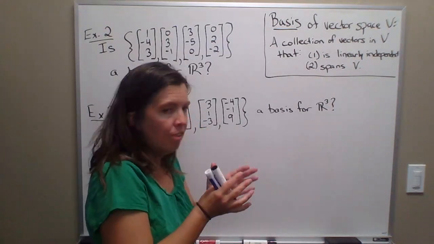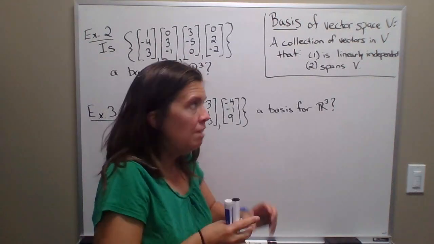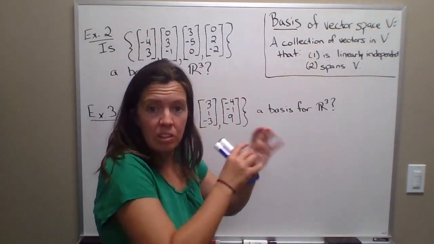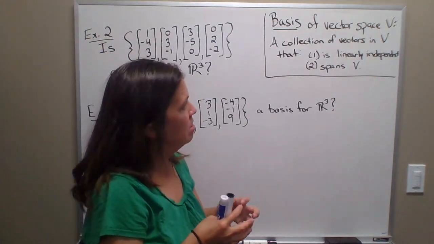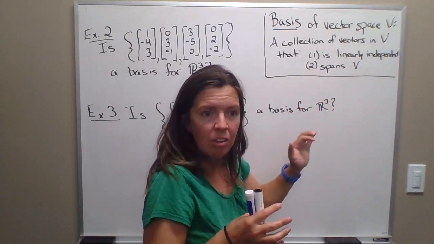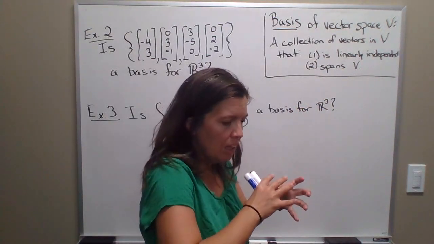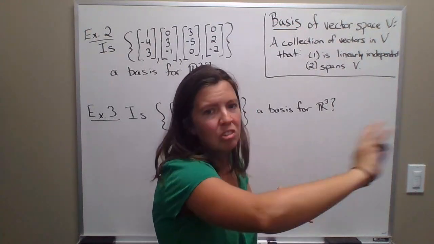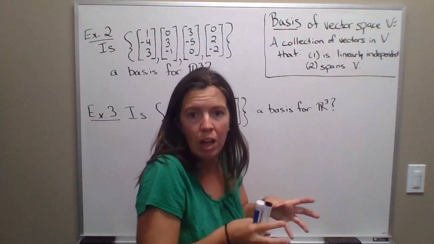So a collection of vectors where we can form any vector in the vector space V as a linear combination of these building block vectors that are in our basis. The linearly independent requirement tells us that we're going to make this collection of vectors as small as possible. We're going to get rid of anything that's just a linear combination of the other vectors in the set and get this down to just the essential elements.